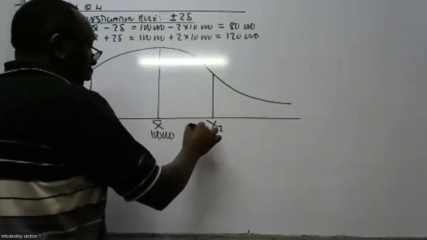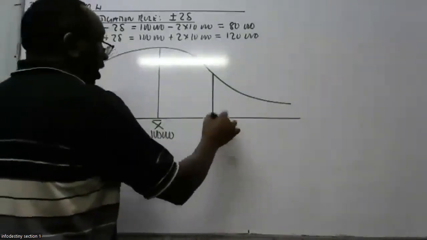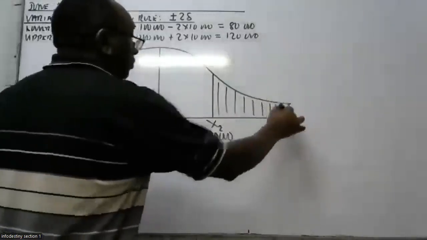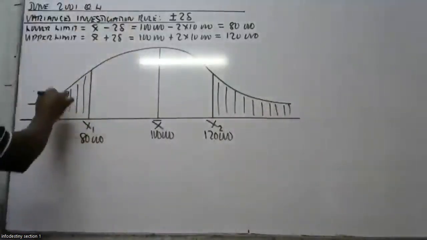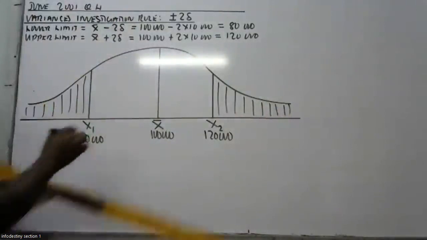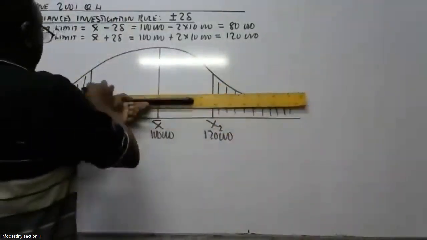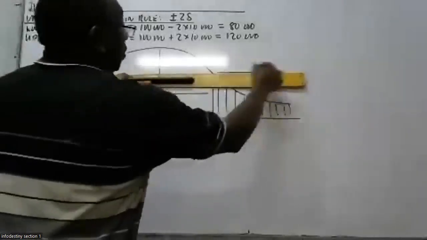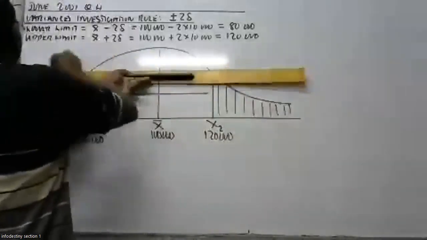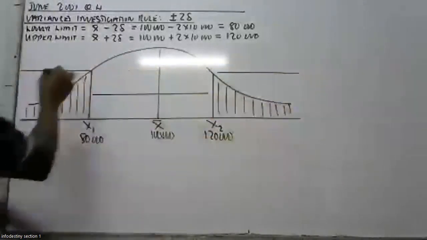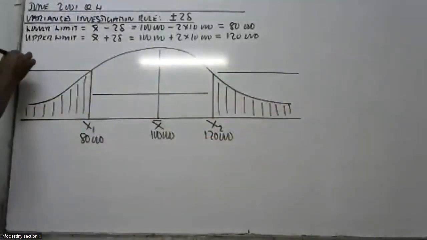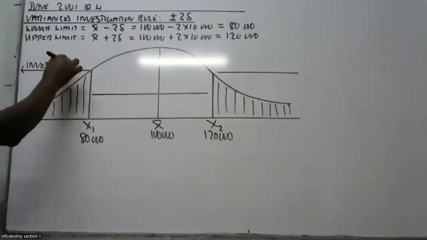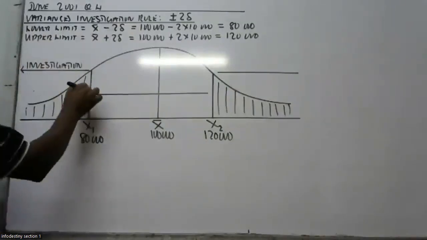This is X2, which is 120,000. And then here, if you are here, you say investigation. This one, we will do an investigation.